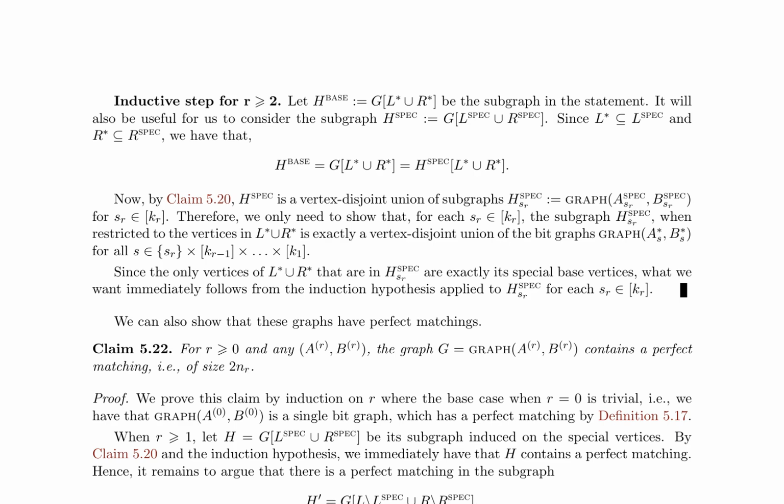The objective is to demonstrate that for each $S_R \in K_R$, the subgraph $H_{spec}^{S_R}$, when restricted to the vertices in $L \cup R$, is exactly a vertex disjoint union of the big graphs graph $A_S, B_S$ for all $S \in S_R \times K_{R-1} \times \dots \times K_1$.